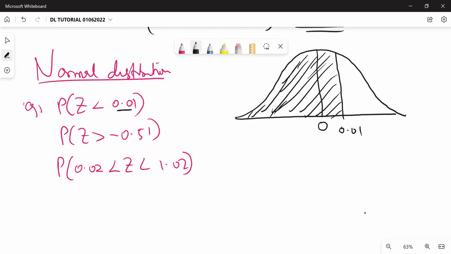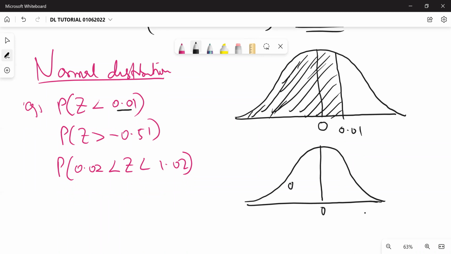Maybe what I should have mentioned is that if this is the normal distribution and this is the center, 0, then this area here is always 0.5 and the other area here is 0.5. The area above and below the mean are exactly equal. When you add the two, you get 1. So this value is obvious, so you don't need to read it from the table, because you know that up to that point, that area is 0.5.